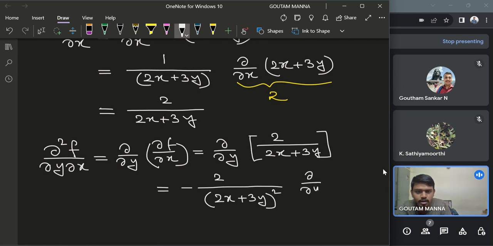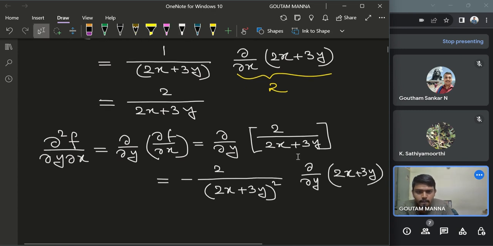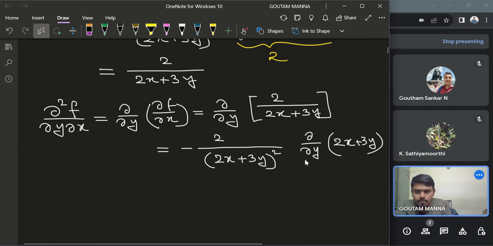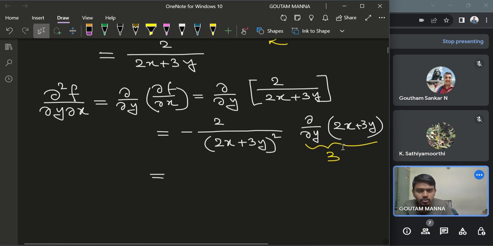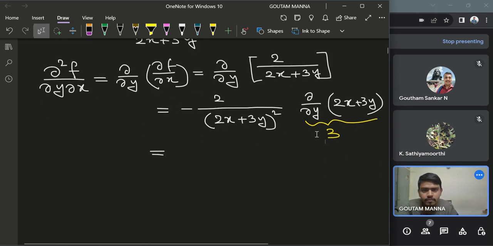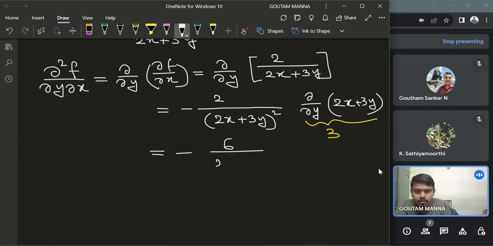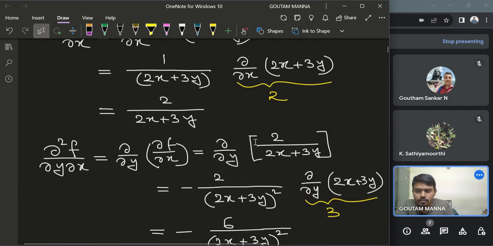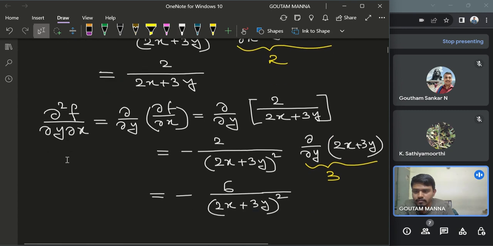And then del y of this thing, which will be 3, because we are treating x as constant while doing partial derivative with respect to y. So then the value will be minus 6 by 2x plus 3y whole square. So this is del 2f del y del x.